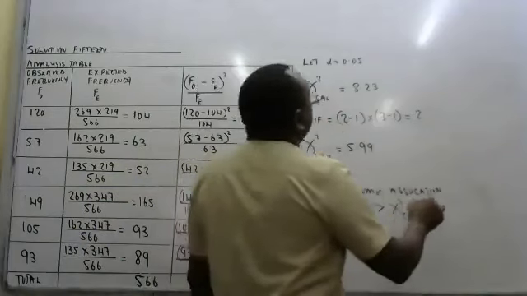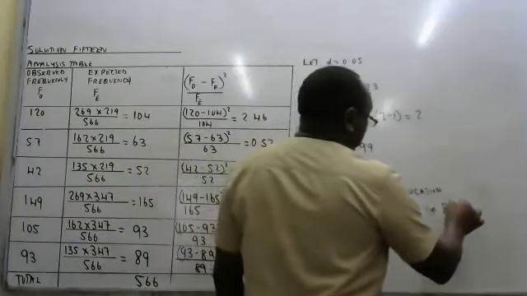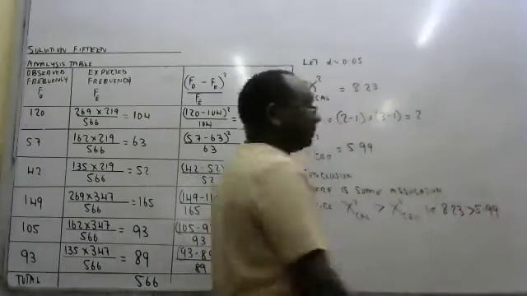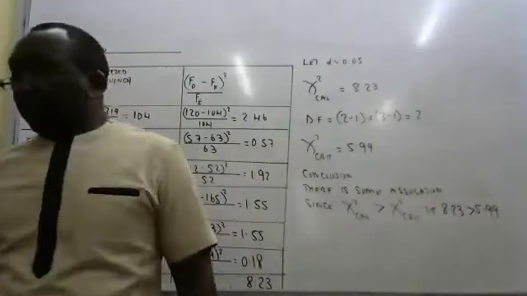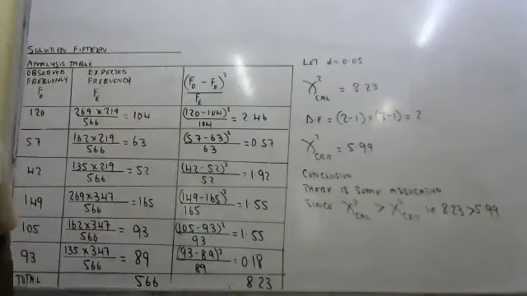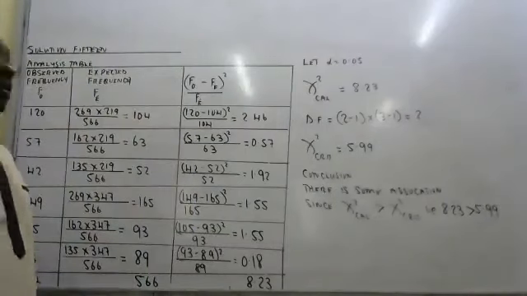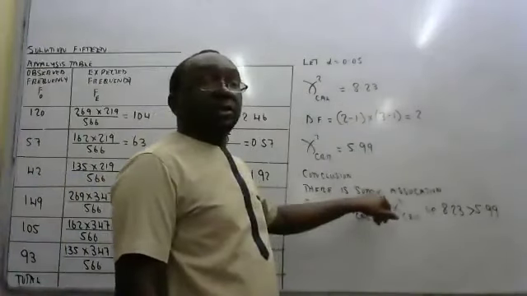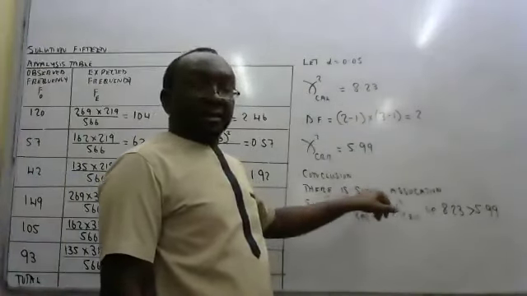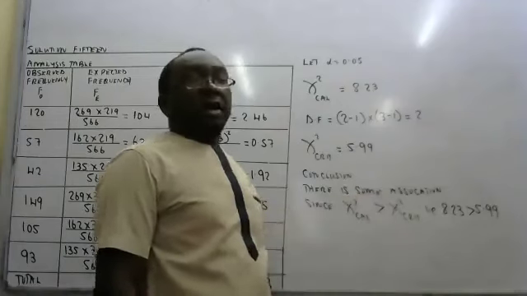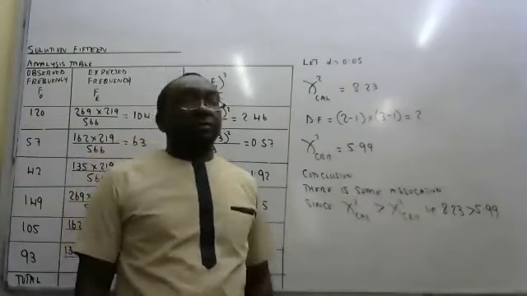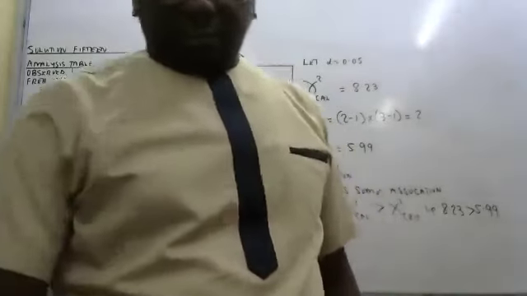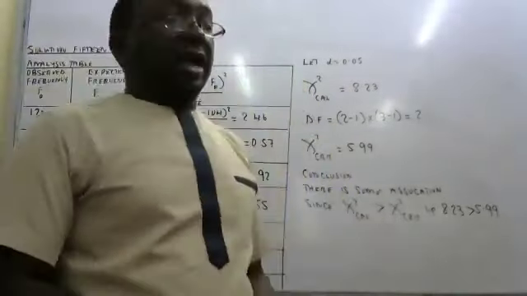That is, 8.23 is greater than 5.99. It's as simple as that. Sababu the calculated is greater, kumaanisha there is some association. Lakini kama ingekuwa less, you would say there is no association. That is how you do the chi-square.